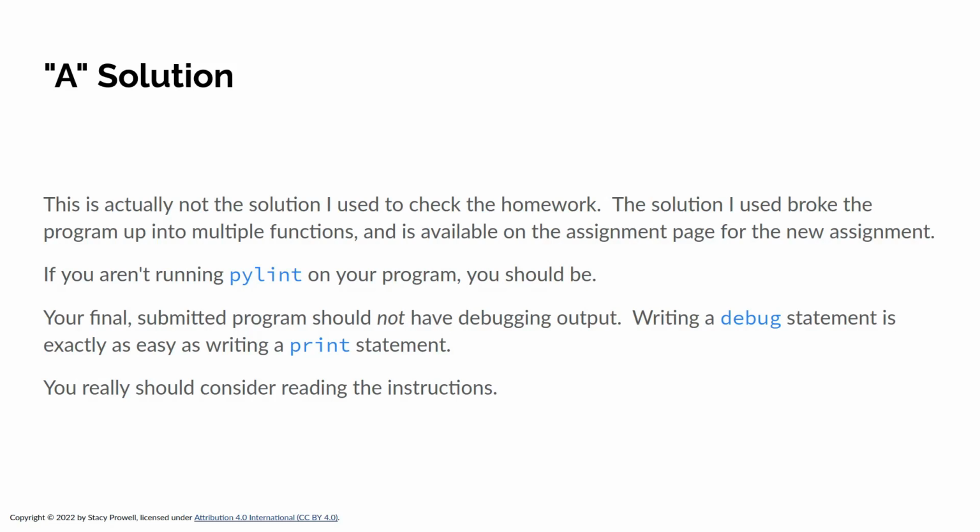Your final program really shouldn't have debugging output. I shouldn't see debugging output in a final submitted program. And there's no reason why I would if you're using the debug statement. Writing a debug statement is exactly as easy as writing a print statement, and that should just be fine.